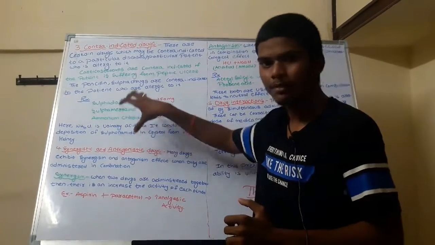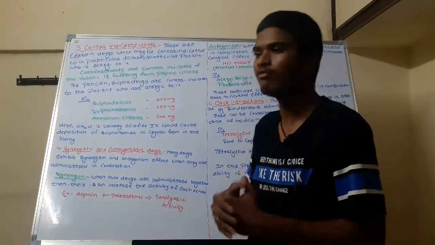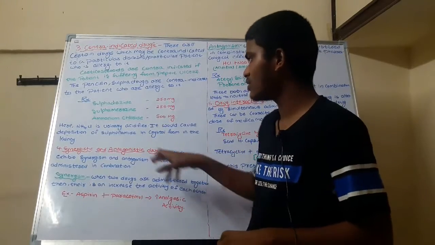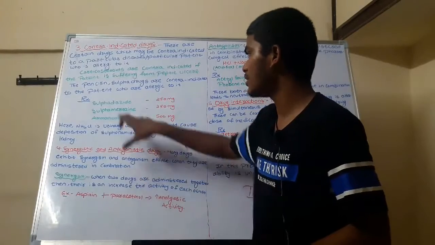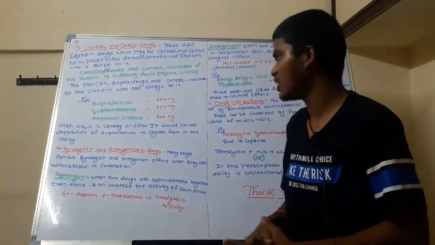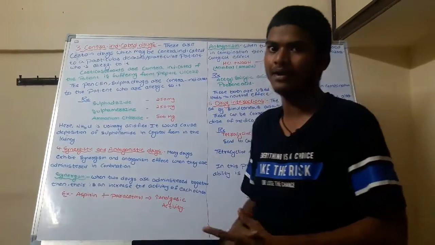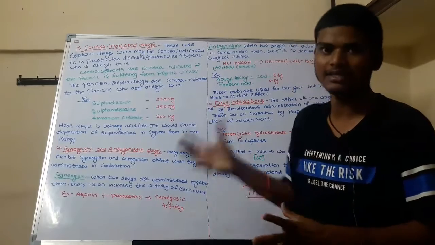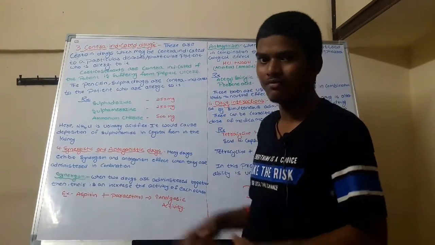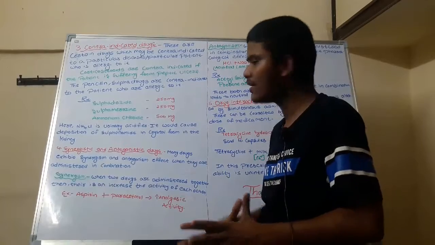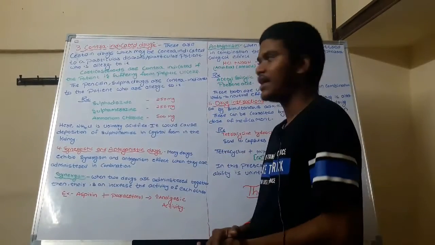Indirectly we can say ammonium chloride increases the acidic nature of urine. If the acidic nature increases in urine, it leads to precipitation of sulfonamide in crystal form in the kidneys. This is one of the contraindicated therapeutic incompatibilities.